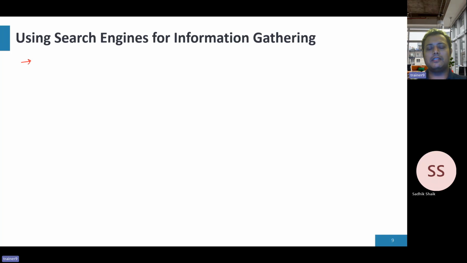Some common search engines are Google, Bing, Yahoo, Baidu, and so on. They have different types of content indexing that will be useful for this. There are different ways you can optimize your searches, using different types of operators. For example, you can use a plus sign before a keyword.